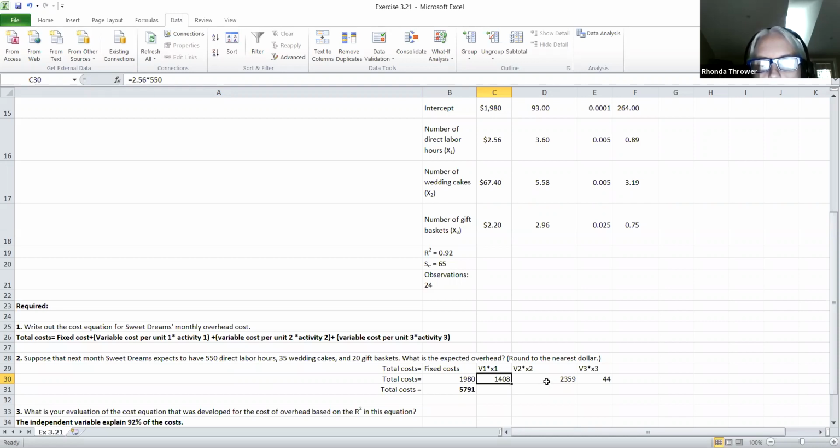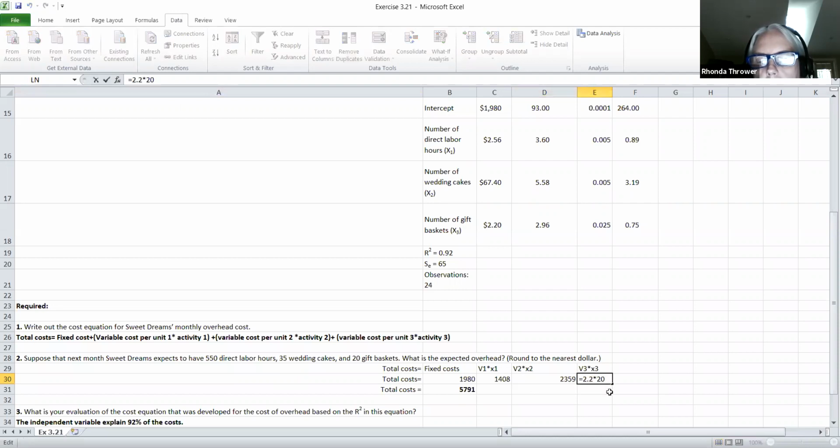Then you would calculate the variable cost for the number of wedding cakes. And so the wedding cake variable cost per unit was $67.40. You would multiply that by 35 wedding cakes. That was the given information. And that will give you the variable cost for the wedding cakes.